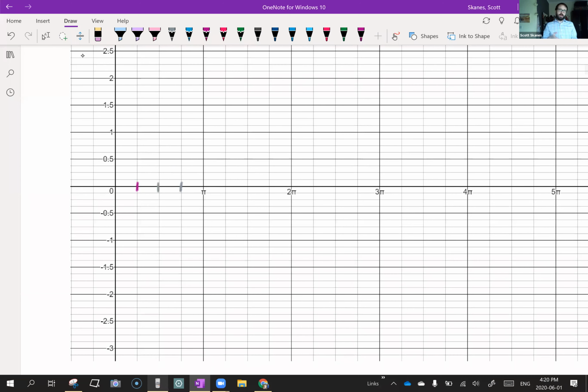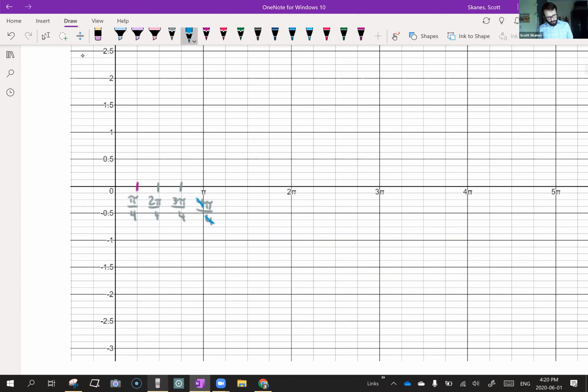So every jump must be pi over 4. So we divide it by 4. Pi divided by 4 is pi over 4. This is 2 pi over 4. And this is 3 pi over 4. This would actually be 4 pi over 4, but of course that would cancel. That's why it looks like pi.